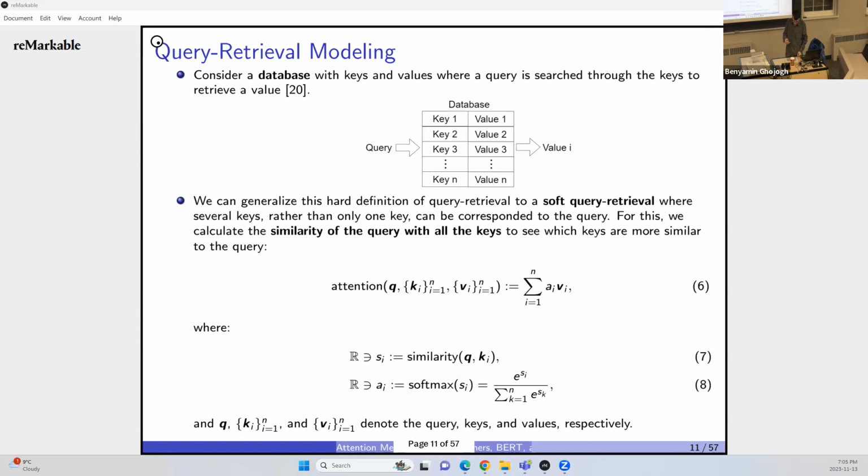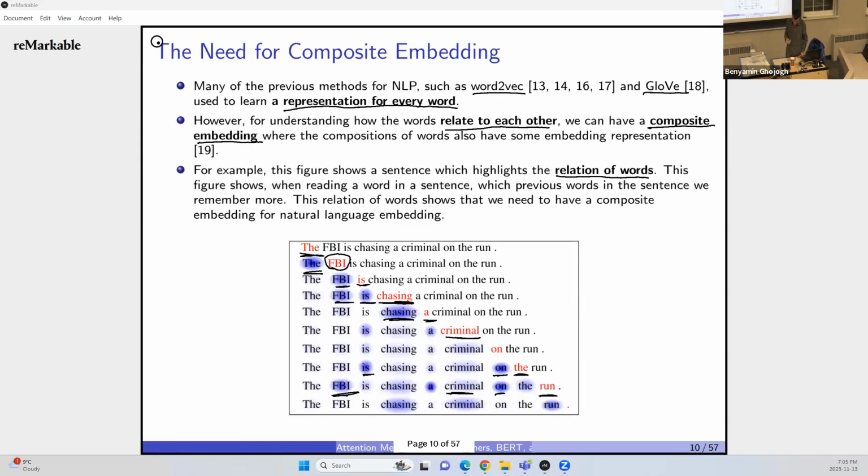Also, I said that context-aware embedding is important. I gave examples where vegetation is on the bank of a river, and also money is in the bank. These two banks are different, but if we use non-context-aware embedding methods such as word2vec and GloVe, they would have the same embeddings for both bank words in these two sentences.